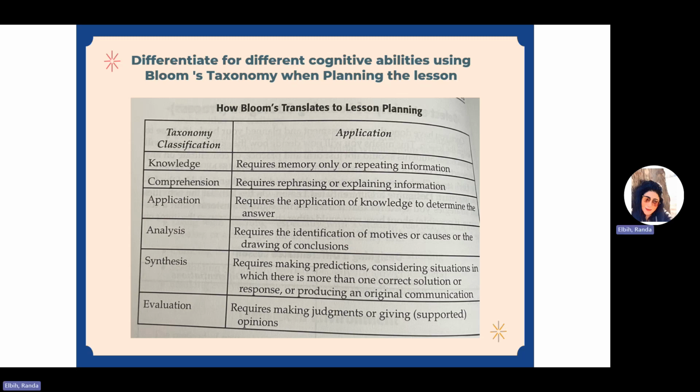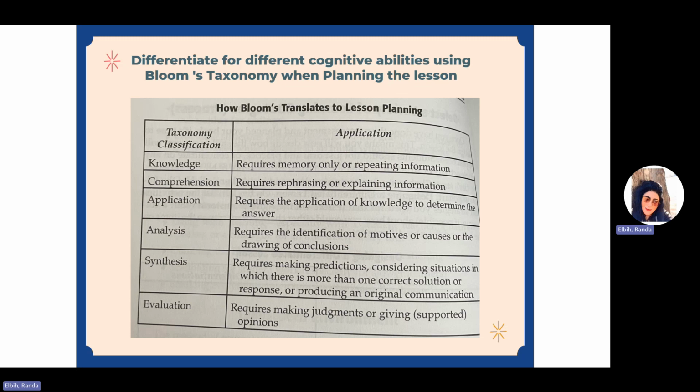When you differentiate for different cognitive abilities, you can use Bloom's taxonomy when planning your lesson. We know that Bloom's taxonomy is about the learning level of the student that goes up in the scale, right? So if you want just to classify the knowledge as just knowledge that requires memory, then you will have to ask students to know this information.